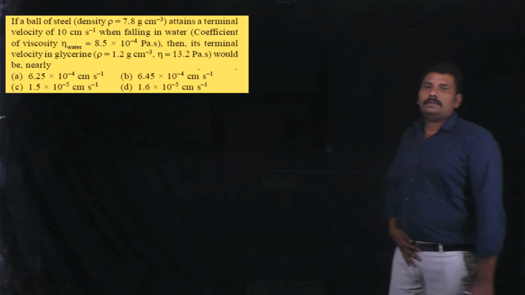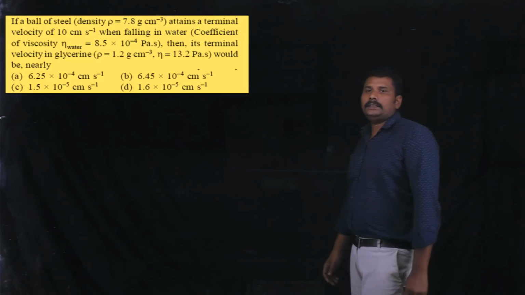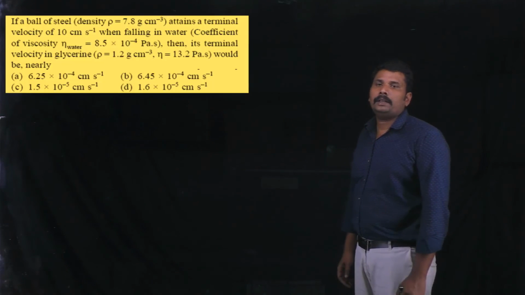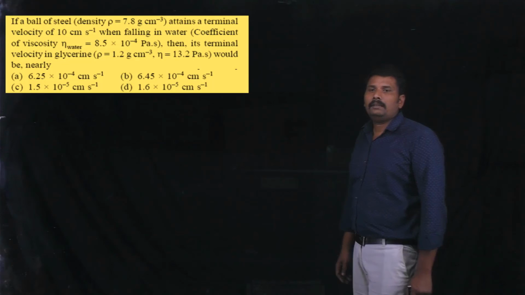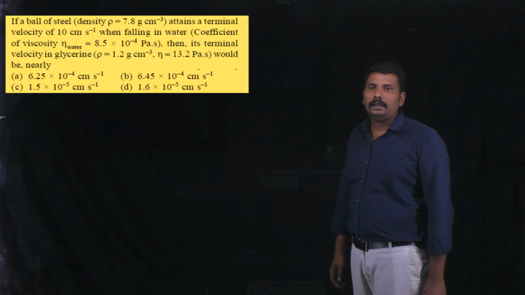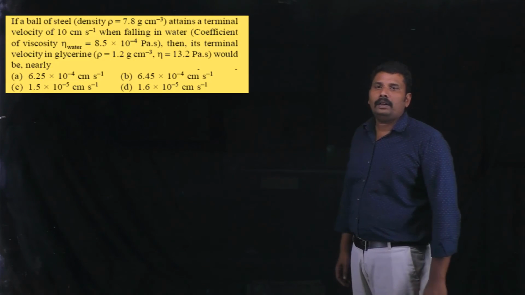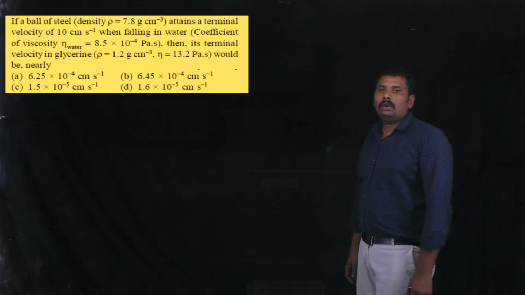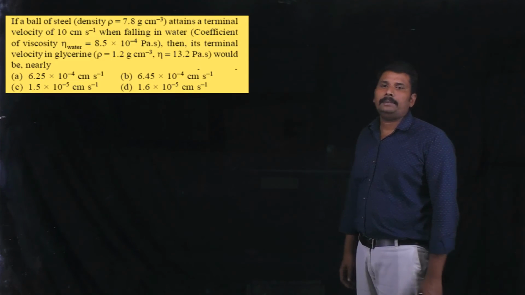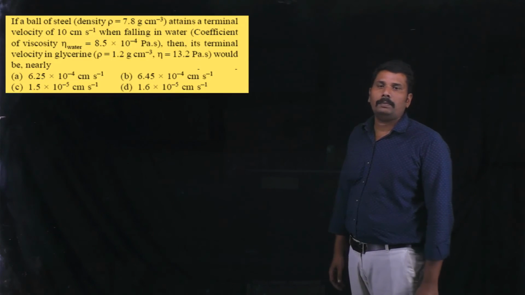If a ball of steel, density 7.8 gram per centimeter cube, attains a terminal velocity of 10 centimeter per second when falling in water, the coefficient of viscosity of water is 8.5 into 10 power minus 4 Pascal second.